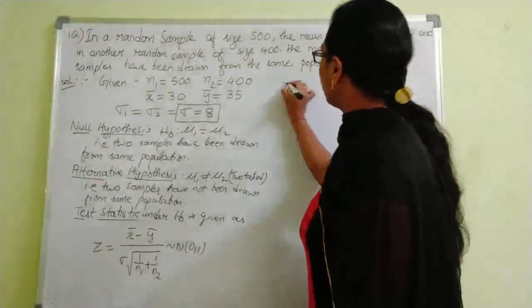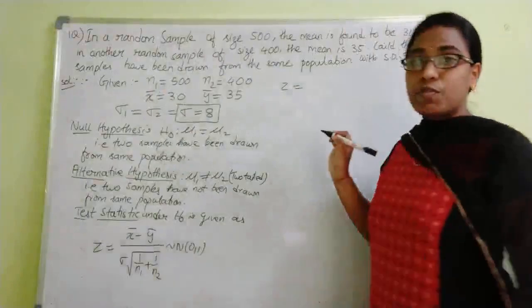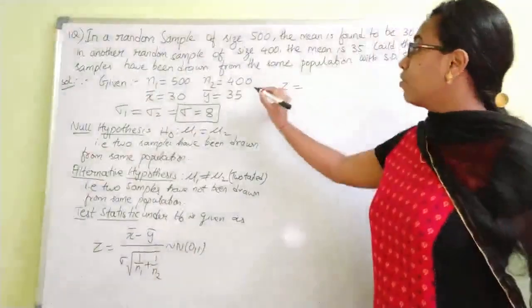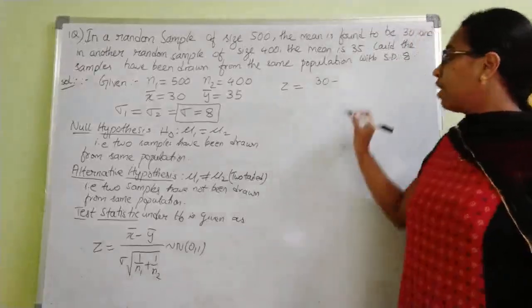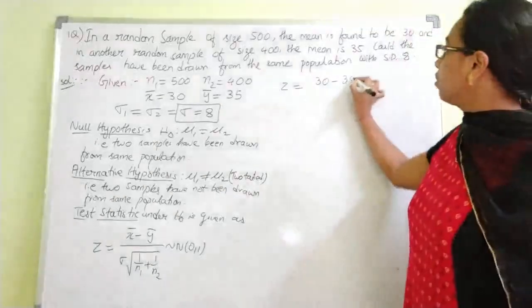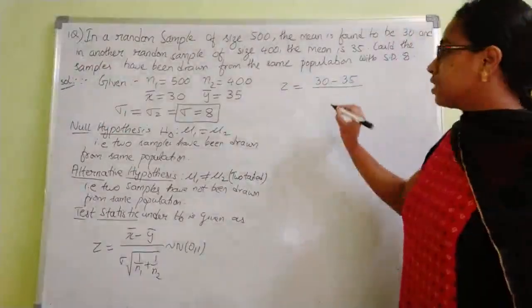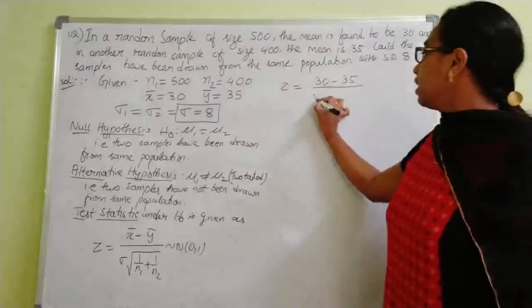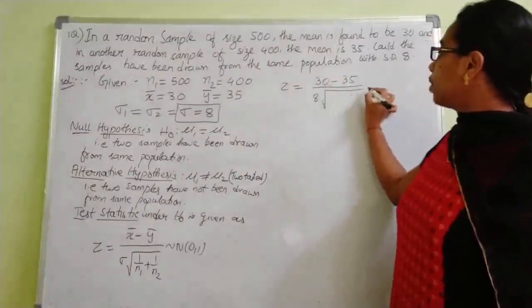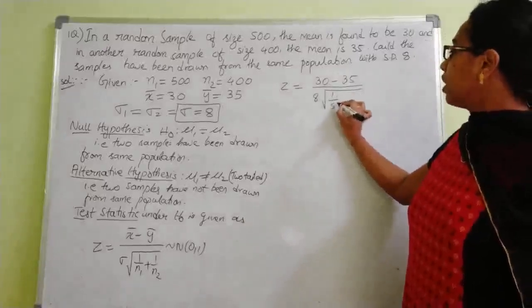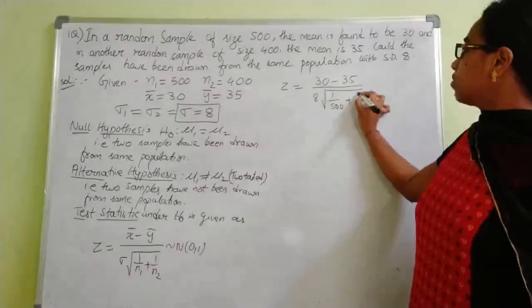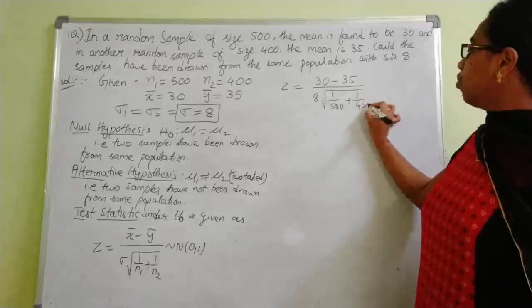So Z equals x bar value. What is the x bar value? It is 30 minus the y bar value, which is 35. The sigma value is 8. So 8 into square root of 1 by n1, which is 500, plus 1 by n2, which is 400.